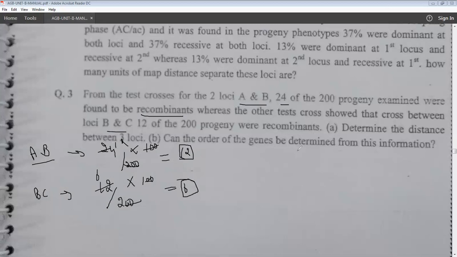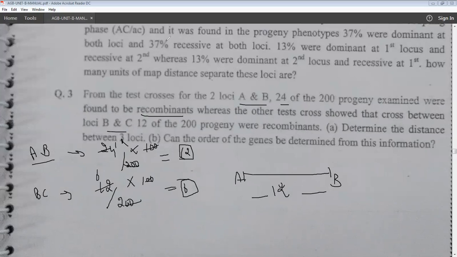Determine the distance between the three loci. We had these two data, so we had already calculated. Can the order of the genes be determined from this information? If you have to locate the genes, then we always have to follow this: always pick the largest distance first, A and B. This is the 12.